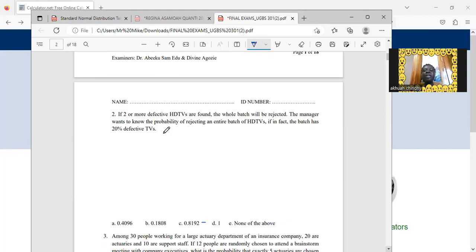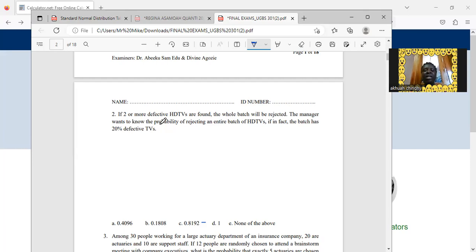It says, if 2 or more defective HDTVs are found, the whole batch will be rejected. The manager wants to know the probability of rejecting an entire batch of HDTVs if in fact the batch has 20% defective TVs. In the first question they asked the probability of getting two.